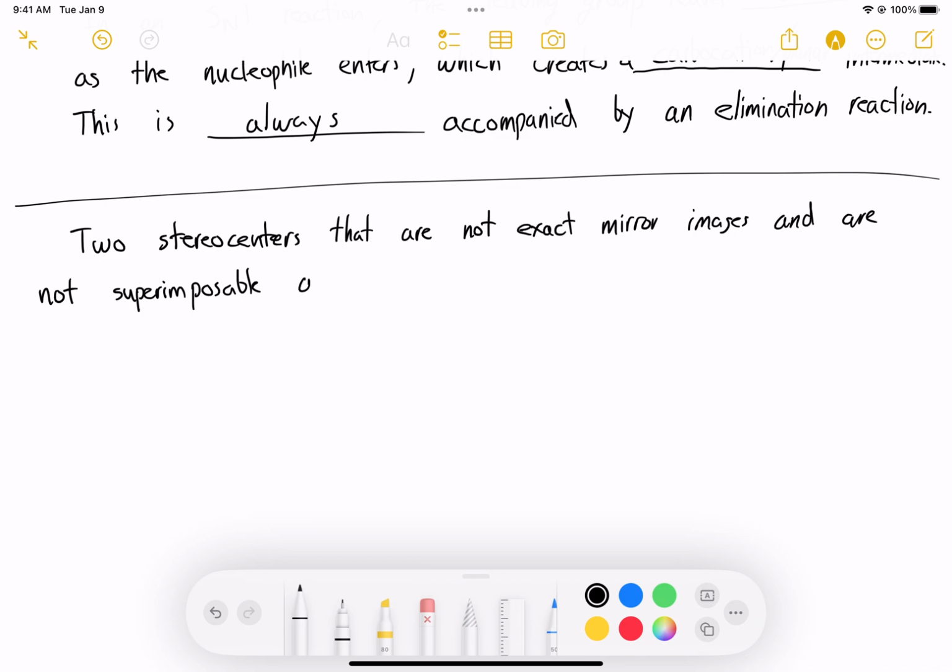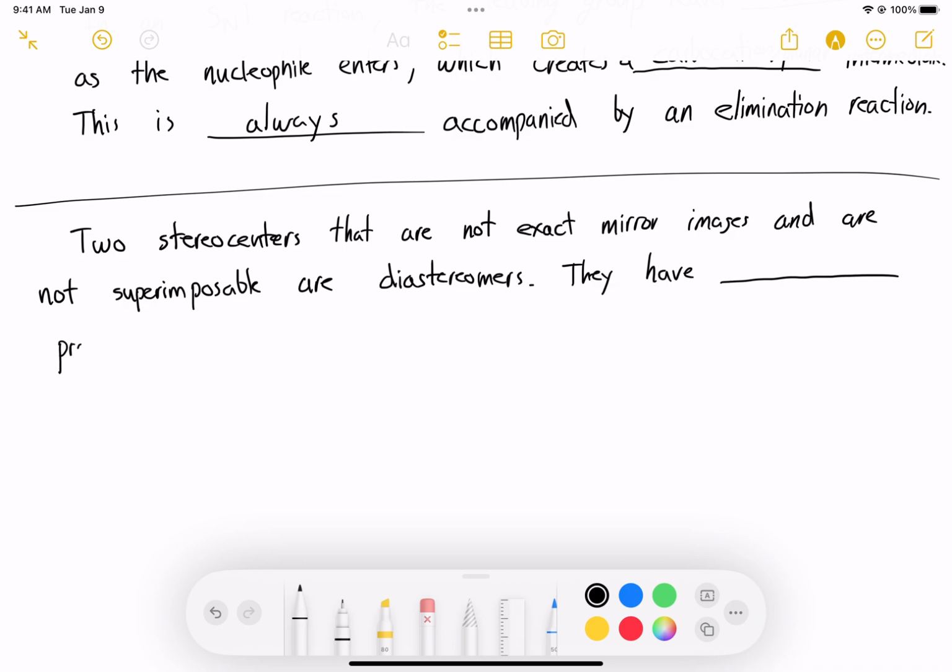We call them diastereomers. Okay? So what do they have? They have similar, they have blank properties. So what kind of properties do they have?